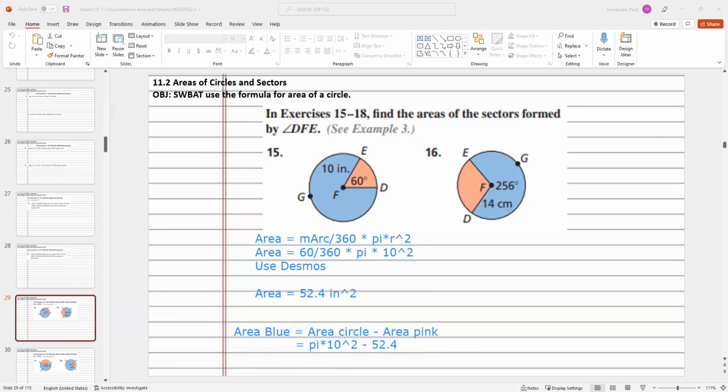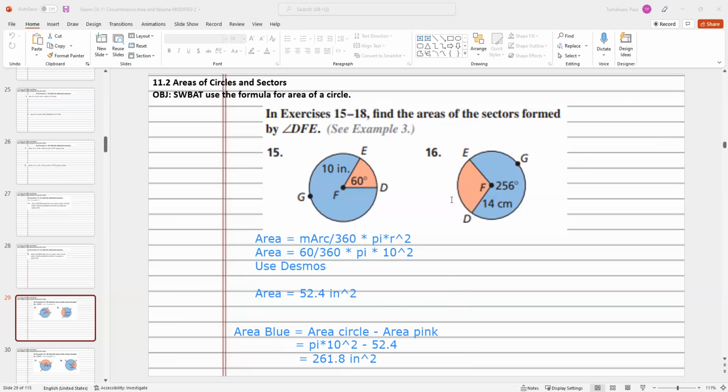Plug that into the calculator. Pi times 10 squared is 314.2, minus 52.4 gives us 261.8. That's the area of the blue section.